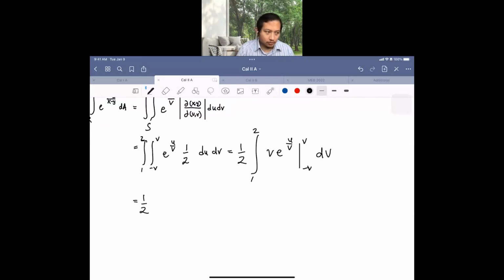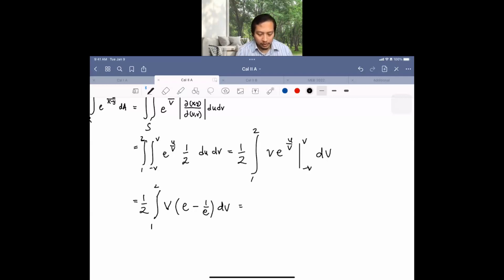And then we evaluate at negative v and v for u, so we have e minus 1 over e, and then dv.